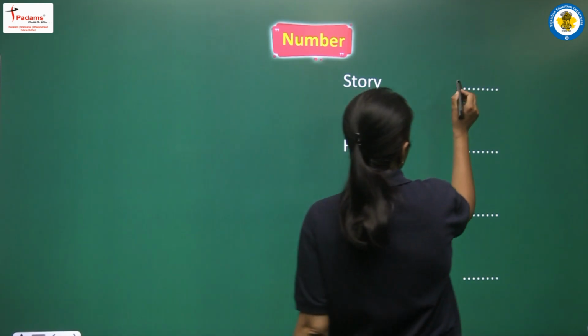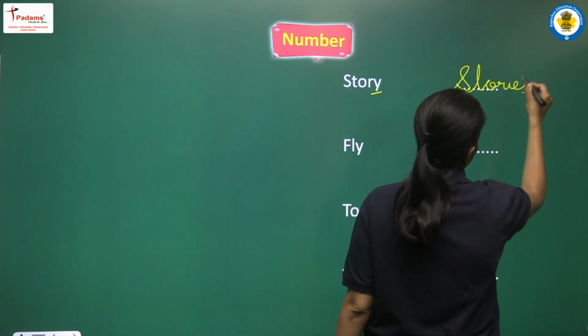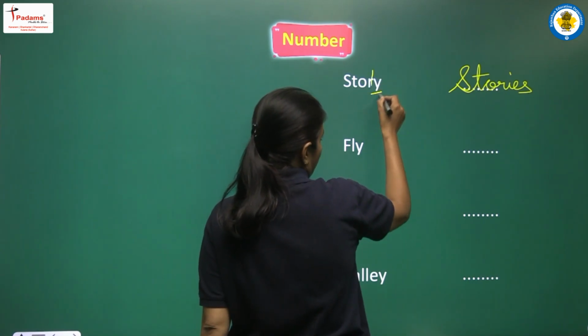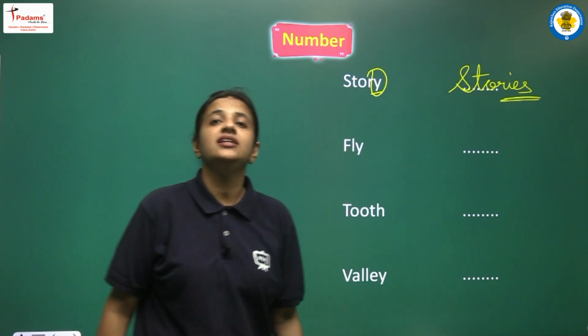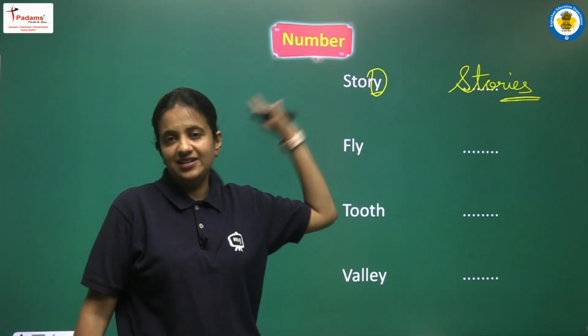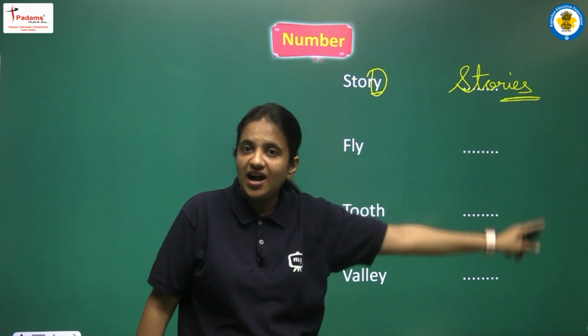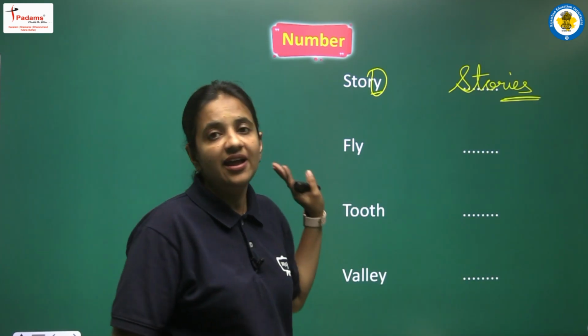So the spelling will be STORIES. So what is the change that we have done here? We have removed this Y, and in the place of Y we have written IES. So this is a story, that is a singular noun, and this is the converted plural noun in which we are having stories.